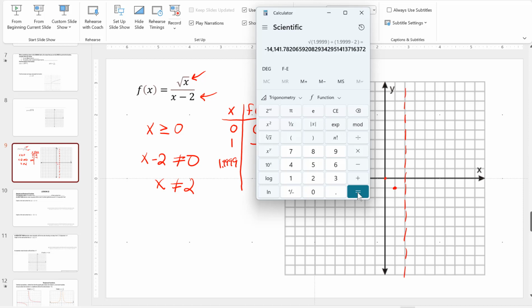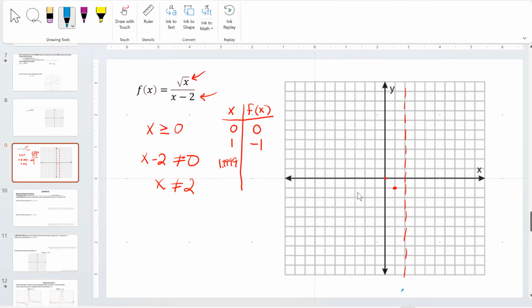Well, you can see that it is a really, really big negative number. And so on our graph, when we get really close to 2 on the left side, we're going to be at some huge number way down there. So what is happening to the graph on the left side of that line is that it is shooting down as it gets closer and closer to the number 2.